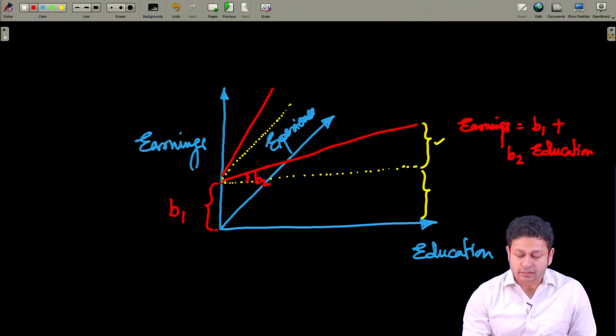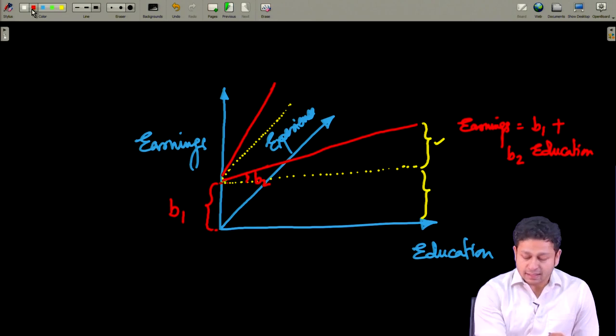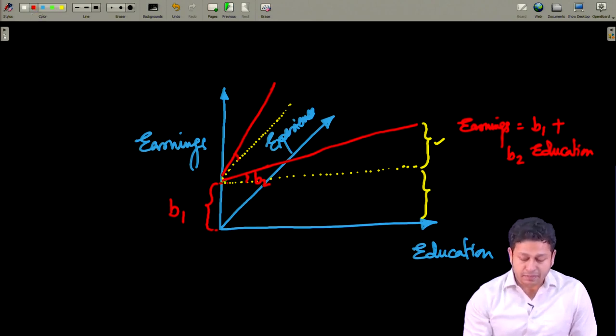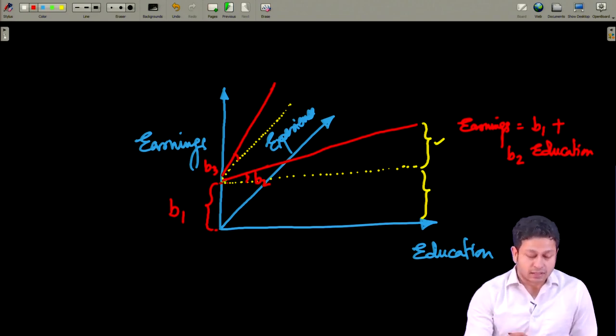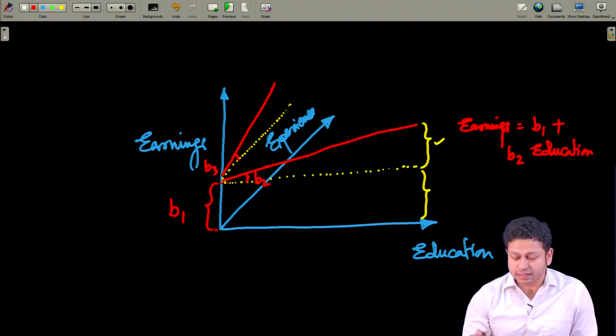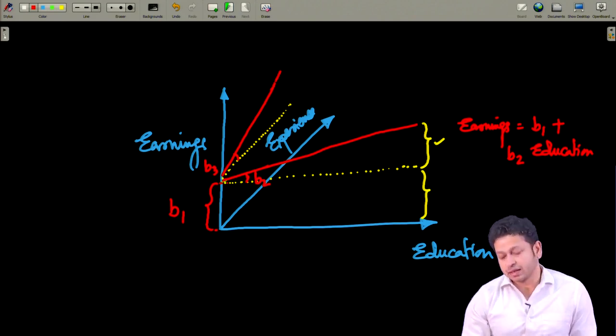All right. So this is the impact of experience, and the angle, let's say, is B3. This angle is B3. All right. Now, if I try to understand what has just happened, let me complete the diagram.